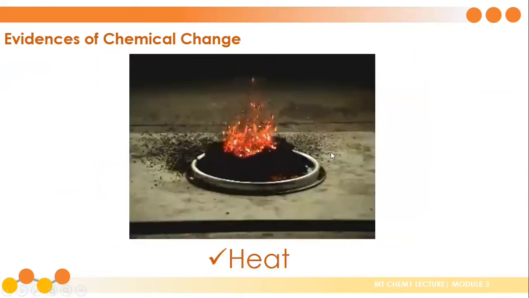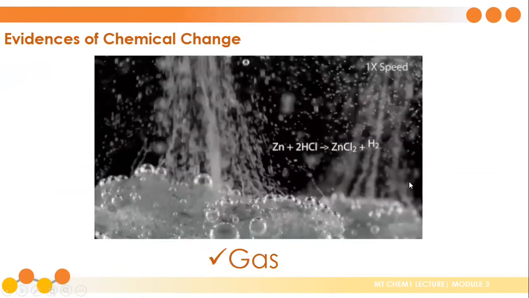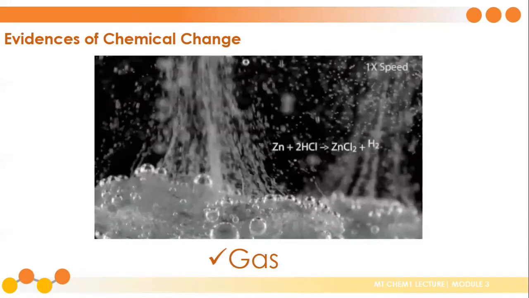Then we also have the production of heat. This can be in the form of fire, flame, sparks, or it can even be just a simple change in temperature. We also have the formation of gas, which is observable by the existence of bubbles, effervescence, or smoke.